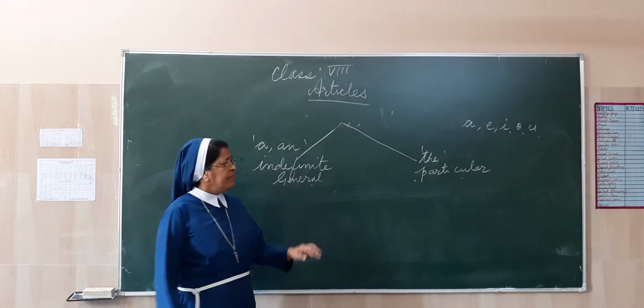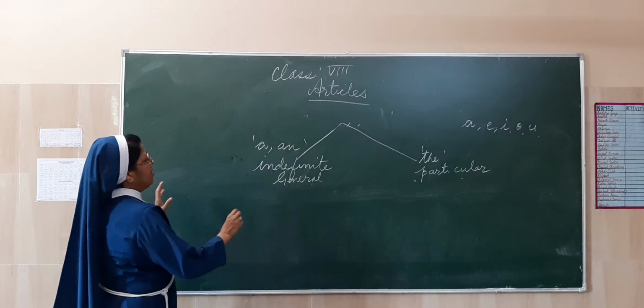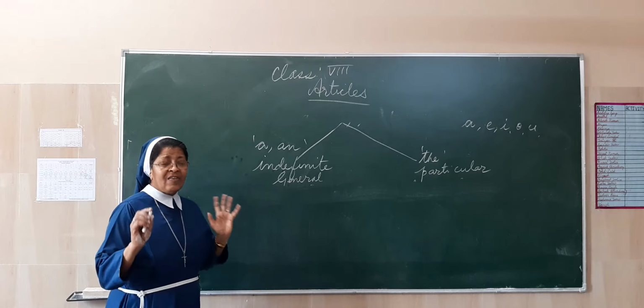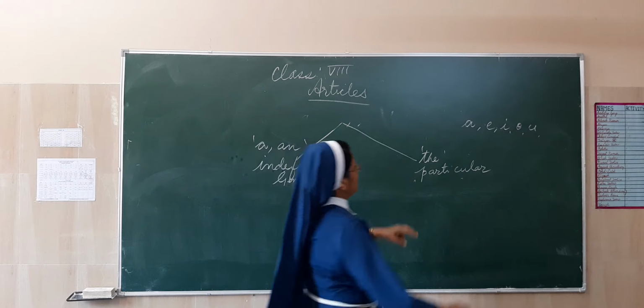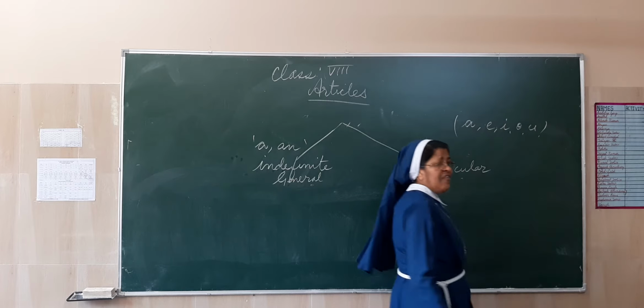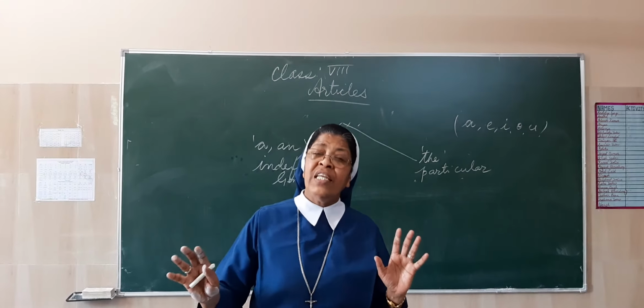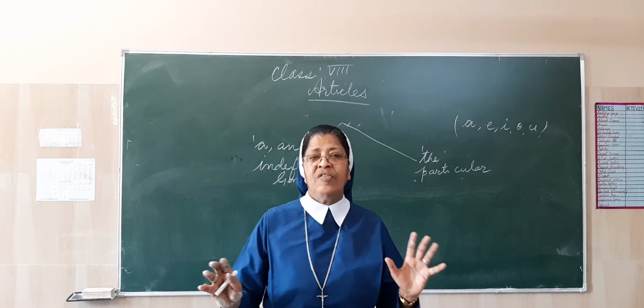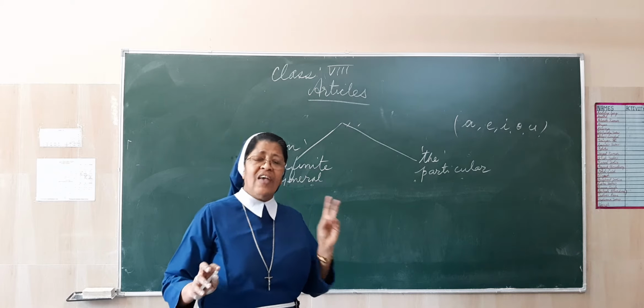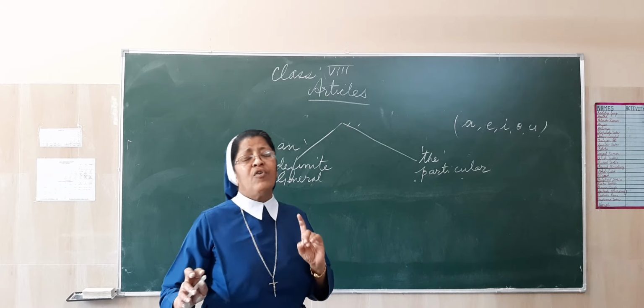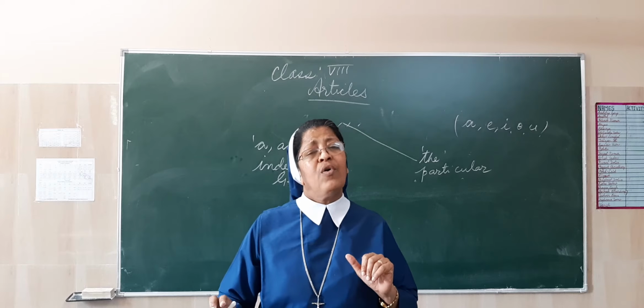We all know the consonant sound. When I say letters other than the vowels, the 21 alphabets, they all have got a consonant sound. B has got a consonant sound, C has got a consonant sound, D has got a consonant sound.